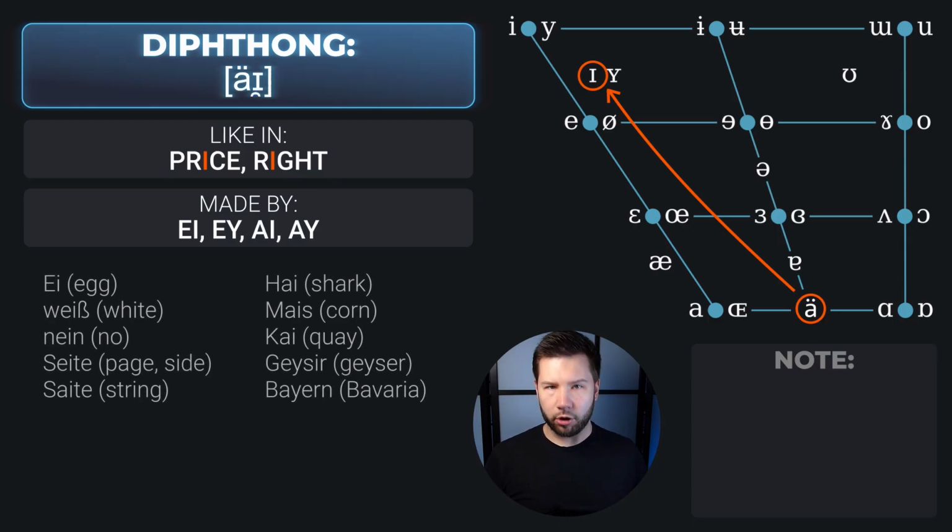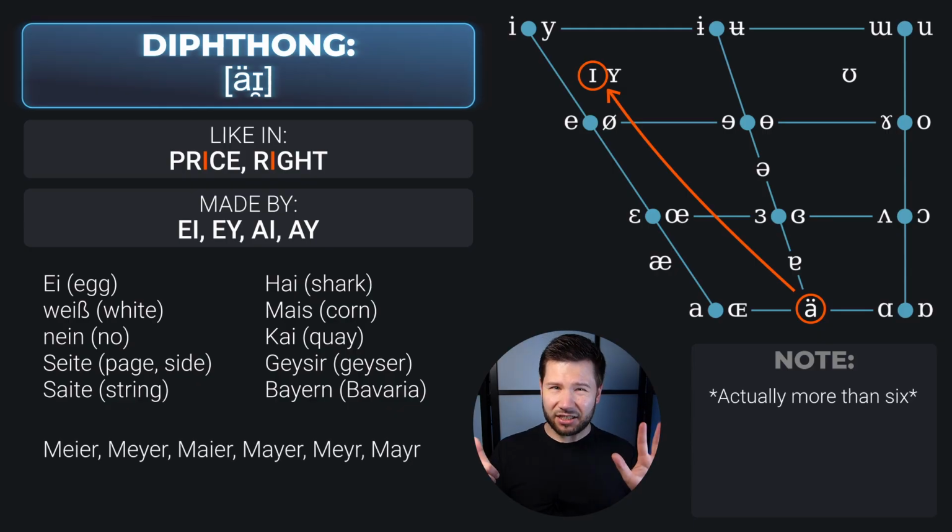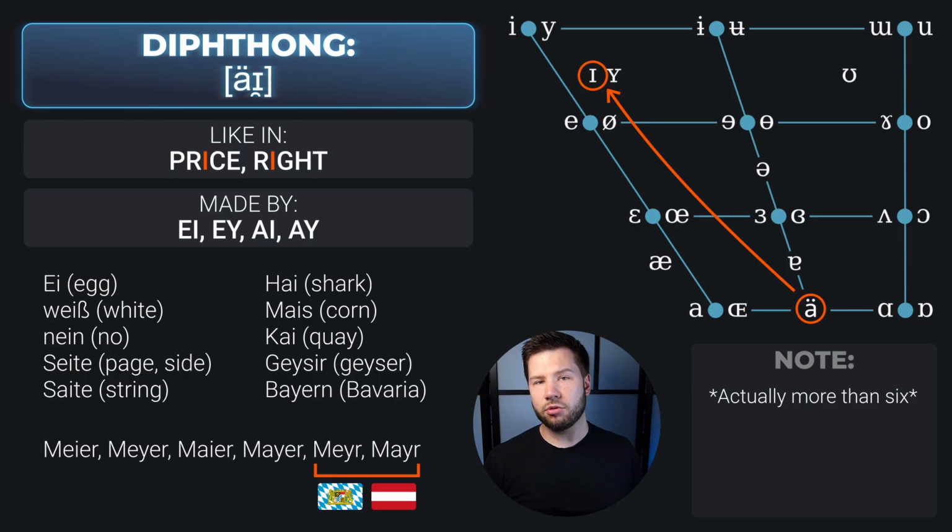Here are some example words: Ei, weiß, nein, Seite, Hai, Mais, Kai, Geysir, Bayern. And finally, the German surname Meyer can be spelled in 6 different ways, which all sound the same. The last 2 are the Southern German or Austrian varieties.